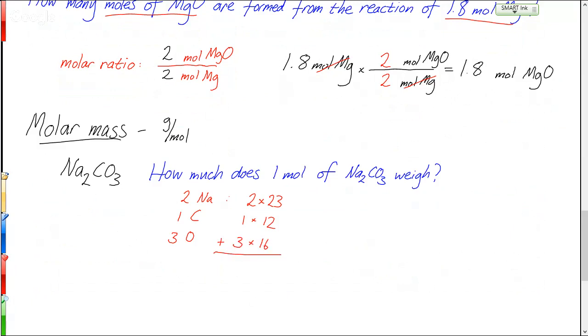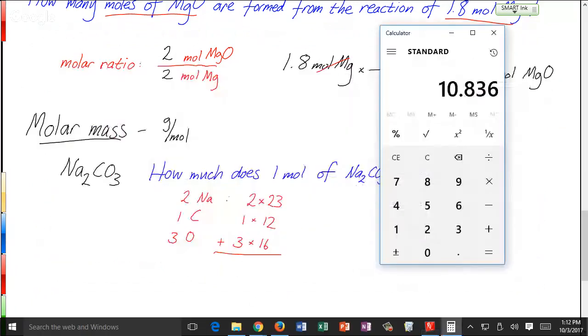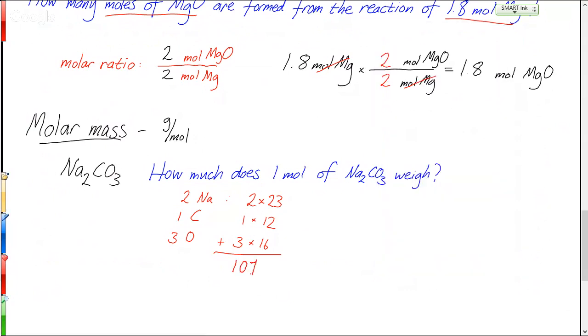Add all those together, and that's our mass of sodium carbonate. So 48 plus 47 plus 12 is 107. So that means that for sodium carbonate, there are 107 grams per 1 mole.